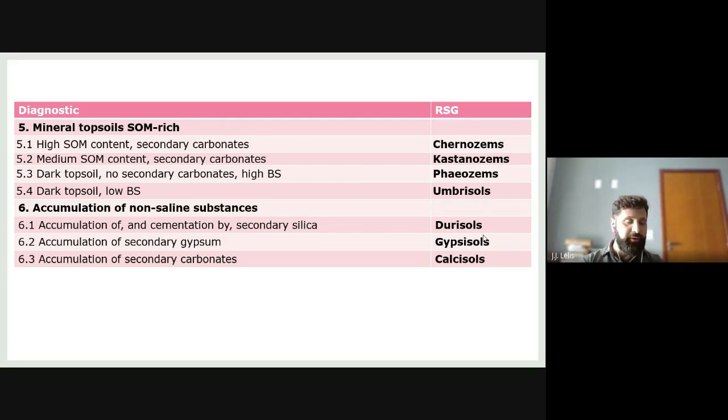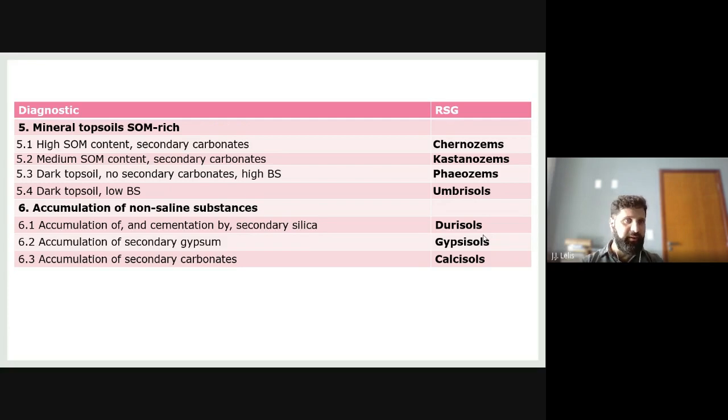So the soil organic carbon content is lower than 20%, but they possess a high content, or they are very dark, or they present a dark color. These soils could be classified as four different types.